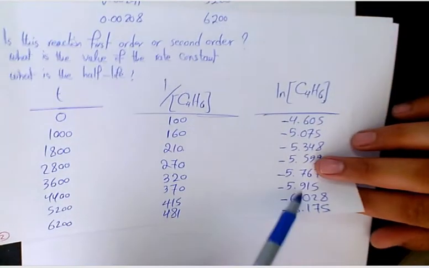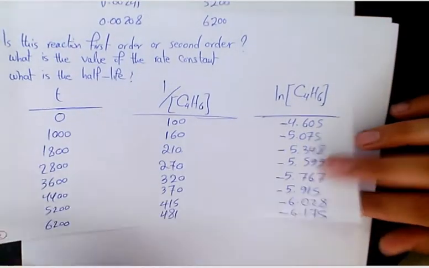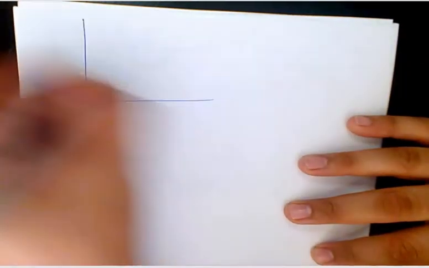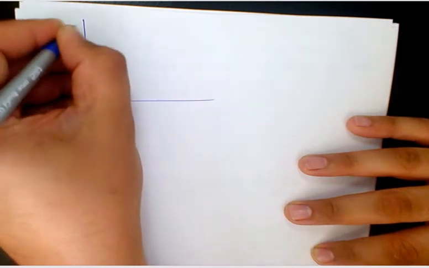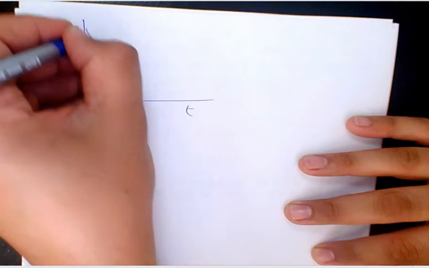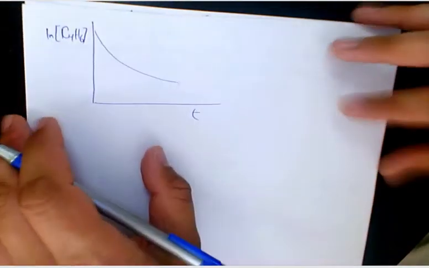So first of all, I'm gonna graph this ln concentration versus time. If you do it, ln of C4H6 with respect to time, you're gonna end up having something like that.